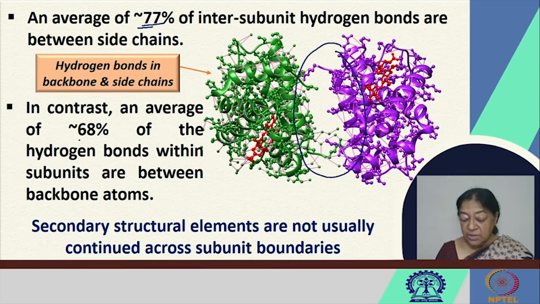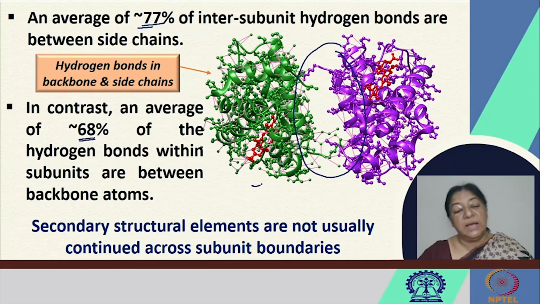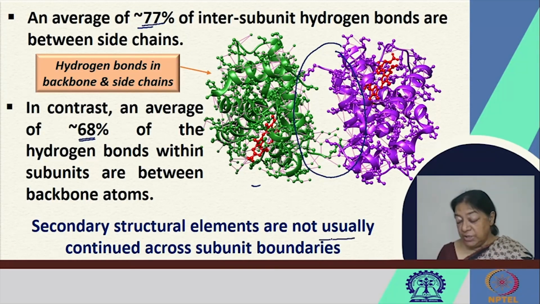In contrast, we have 68% that are within the backbone atoms here. So the secondary structure elements that are considered here are usually not continued over subunit boundaries, so they are confined within the specific subunit that they occur in.